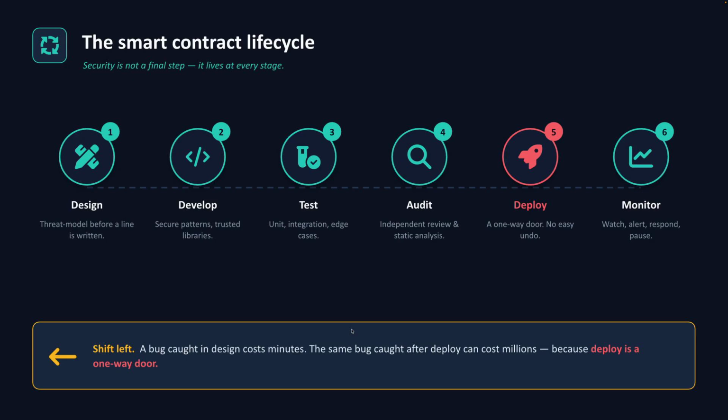The same bug caught after deploy can cost millions because deploy is a one-way door. The reentrancy bug, if it had been caught in the design phase, would not have led to the DAO hack, but that was skipped and the DAO hack happened.